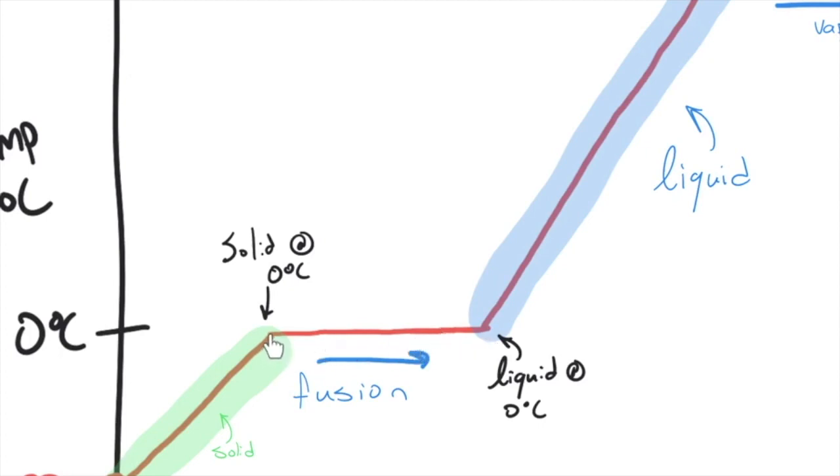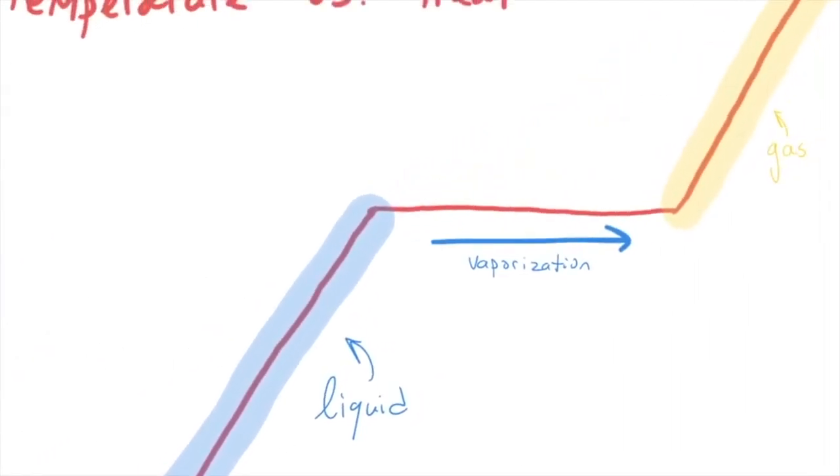But this exact point right here, which I will identify with a black dot, is solid at 0 degrees. And this point right here represents liquid at 0 degrees. Now let's scroll up to the other phase change that water goes through, the transition between liquid and gas. And this point right here, where it stops going up and begins going horizontal, is liquid at 100 degrees.